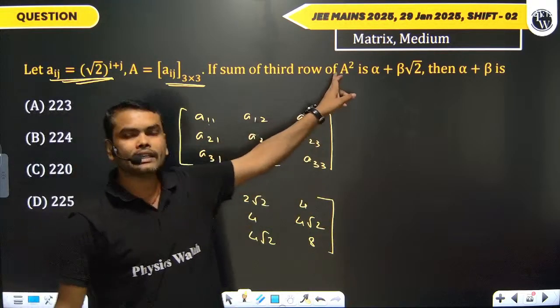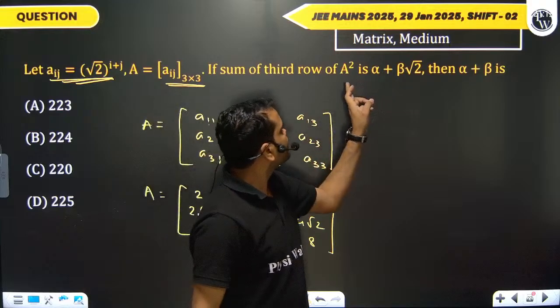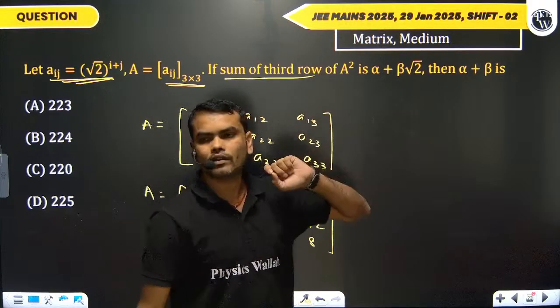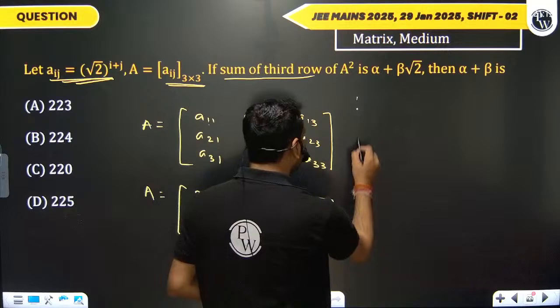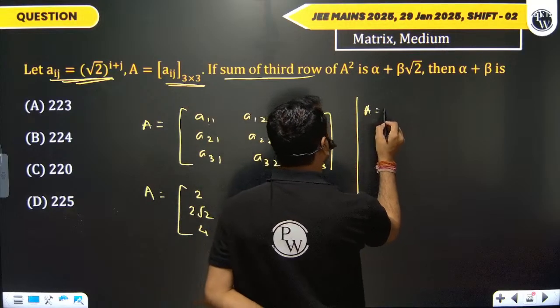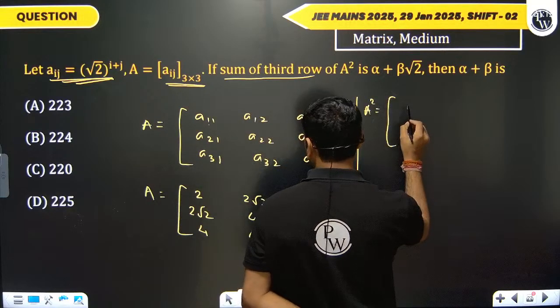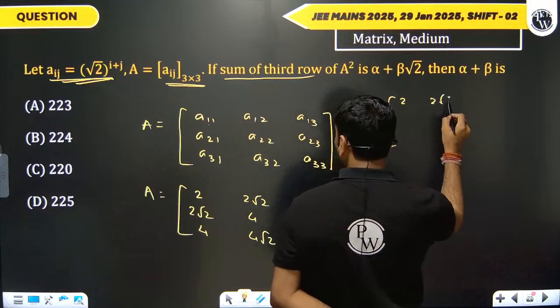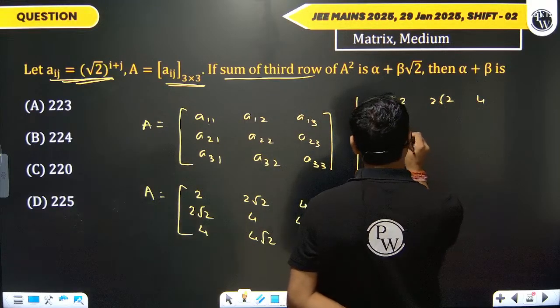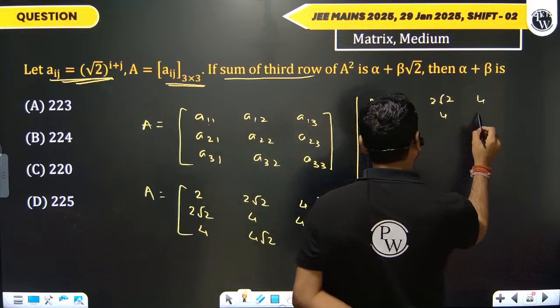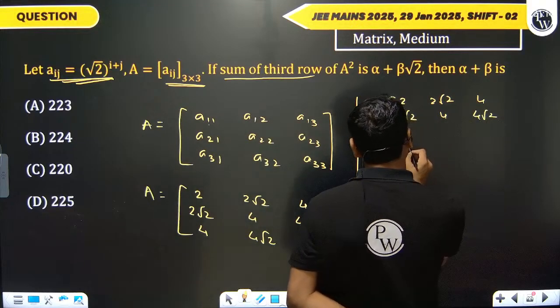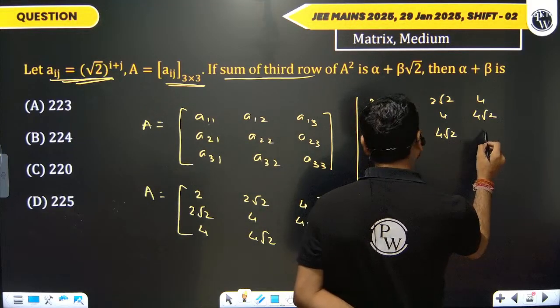Now they are saying in A square, what will be the sum of the third row? So we have to calculate A square. For A square, A and A we have to multiply, right? So 2 root 2, 4 and 4 root 2, and then 4 root 2 and 8.